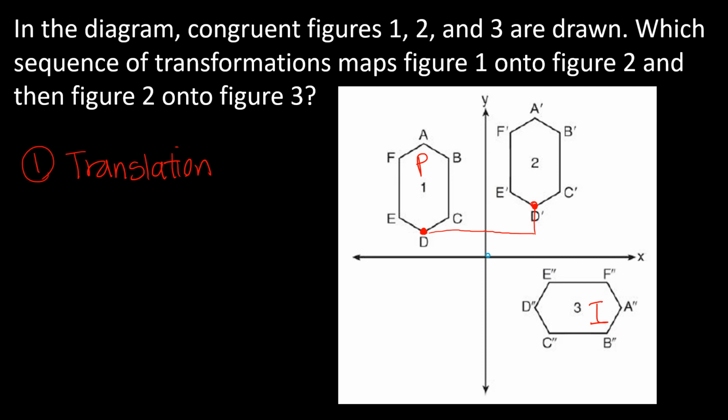So if I look from the origin, I see I have some type of rotation, and it looks like that rotation is going to the right. So some type of clockwise rotation. So that would have to be my second transformation that has taken place.